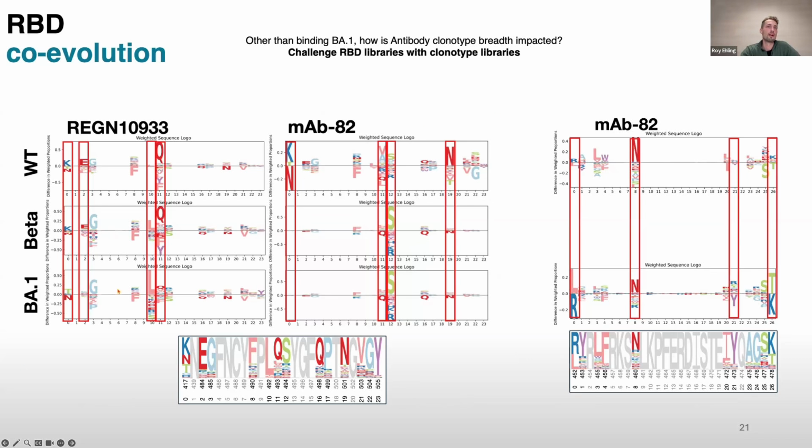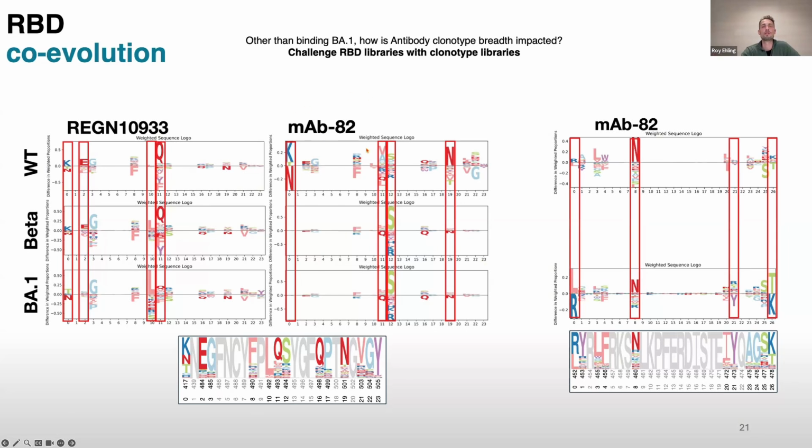And so here on the left, I'm showing class 2, which is mostly like the beta, gamma, and BA1 lineage that we're interested in. And you can see how there's dramatic shifts in neighboring positions that were not observed, say, when you go from wild type to beta. But then also completely reduced sensitivity to specific positions that were actively selected for.